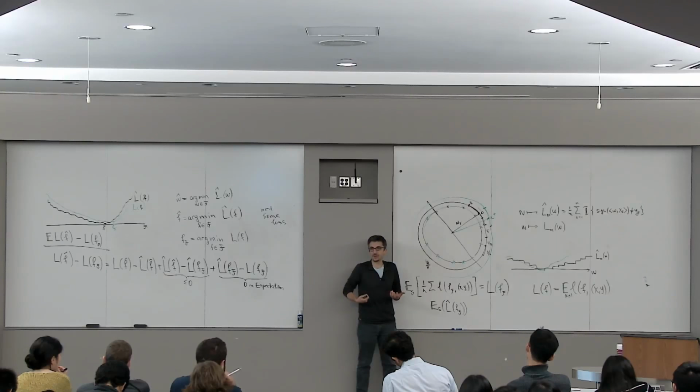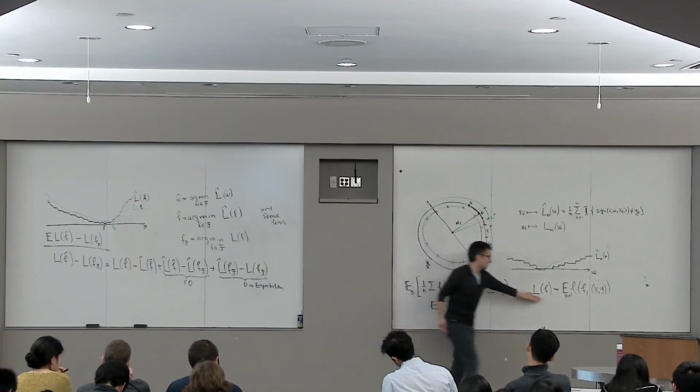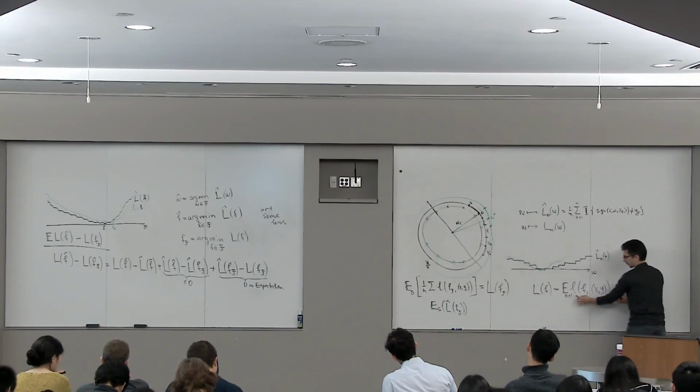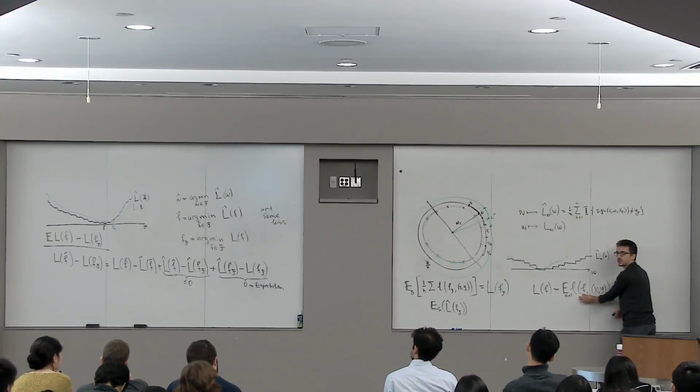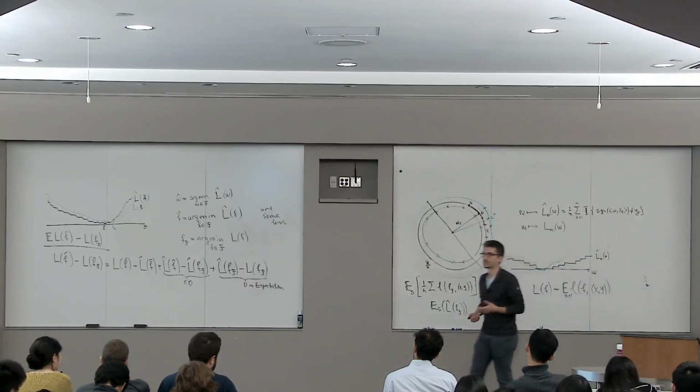The only thing that matters is that data point, the rest I can discard. And that is exactly the meaning of this. I'm evaluating the loss of my function on a pair randomly drawn from the distribution.